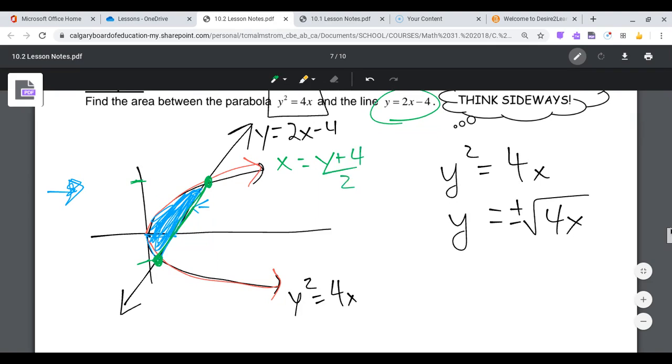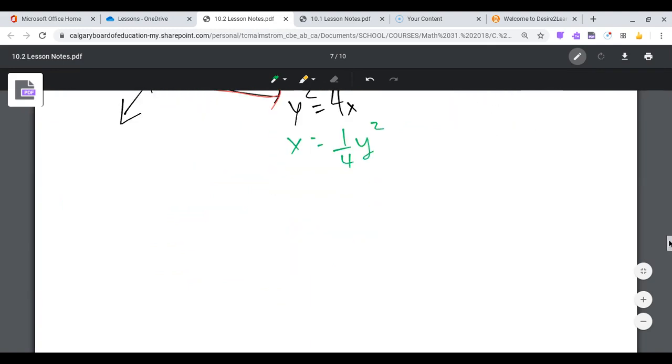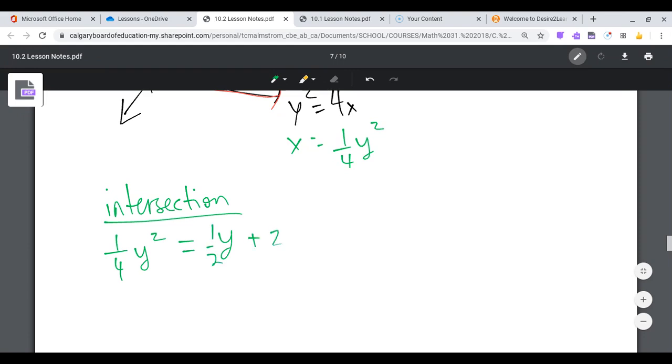And then this other one, we have that x is equal to 1/4 y squared. So when we find our intersections in terms of y, I'm saying where does 1/4 y squared equal y plus 4 on 2? So 1/2 y plus 2.